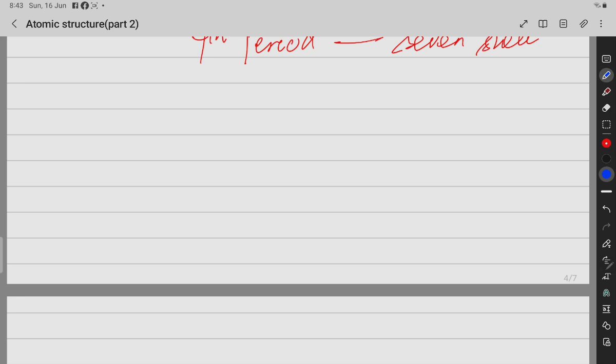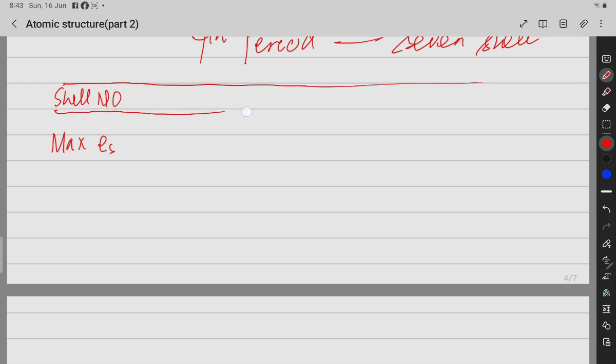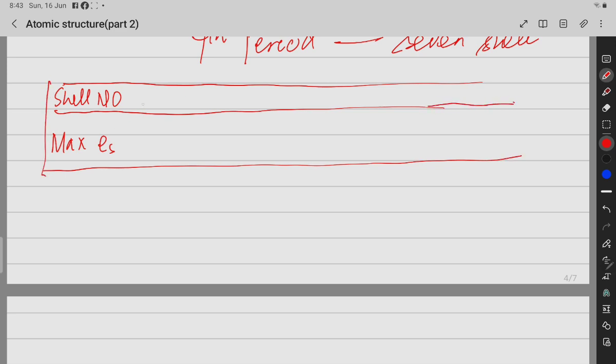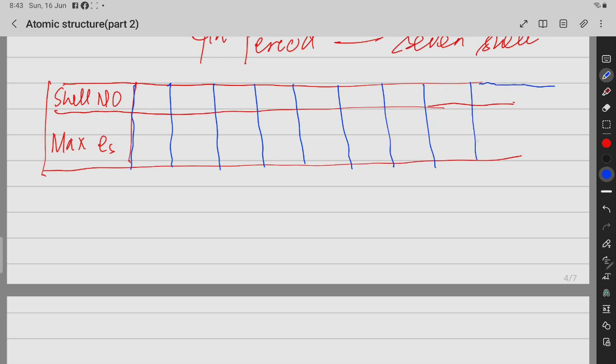So we know the shell number and the maximum electrons for each: first shell, second shell, third, fourth, fifth, sixth and seventh.